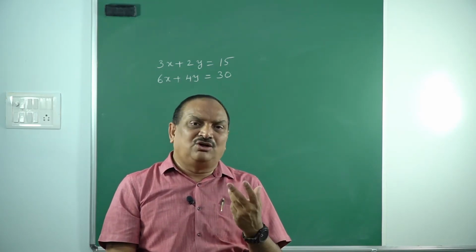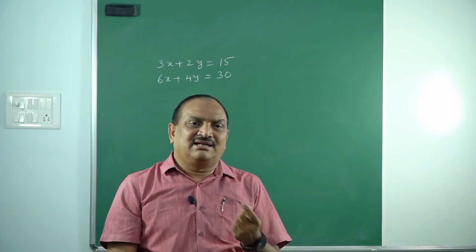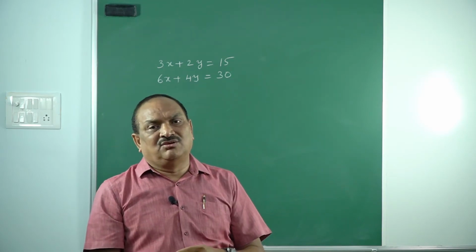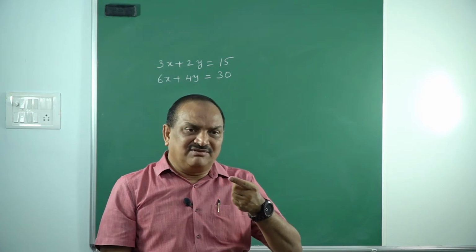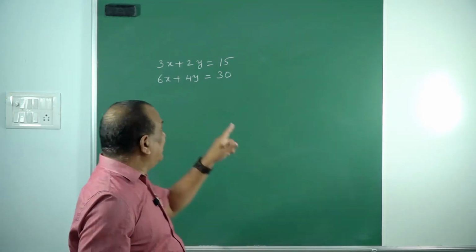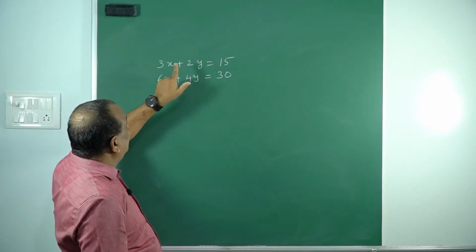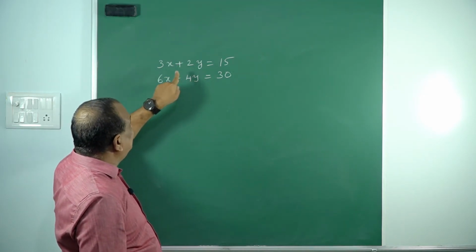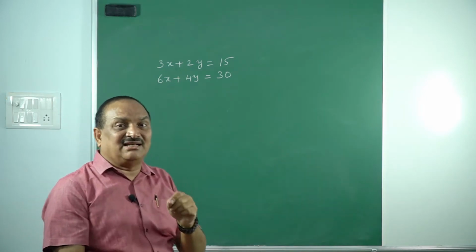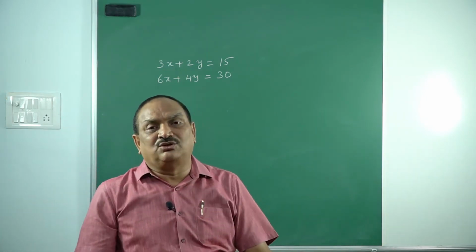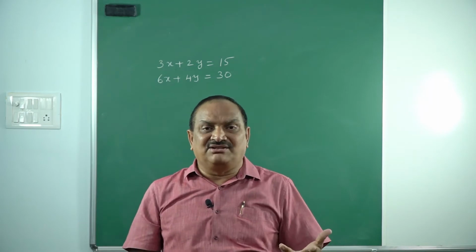So I have to be given 2 lines, but I have only one line. The only thing is you are multiplying the equation throughout by 2. So when I draw a line for this equation and I try to draw a line for this equation, both these equations give me the same line. And therefore, where is the question of solution actually? Because with one line, I can't have a solution.